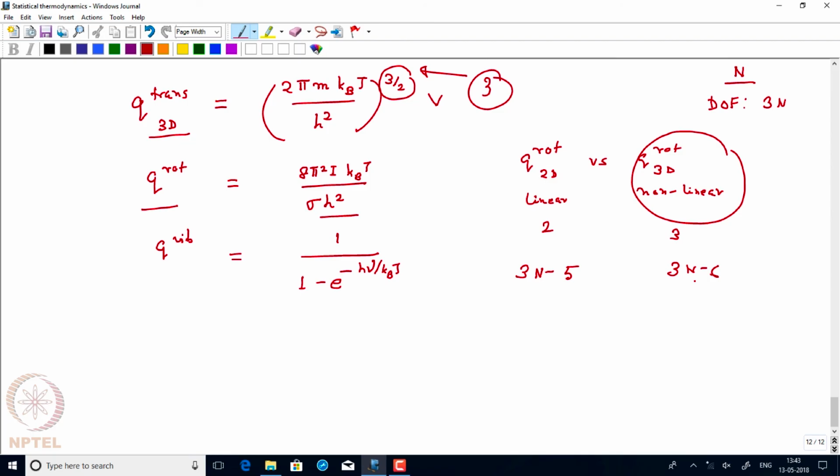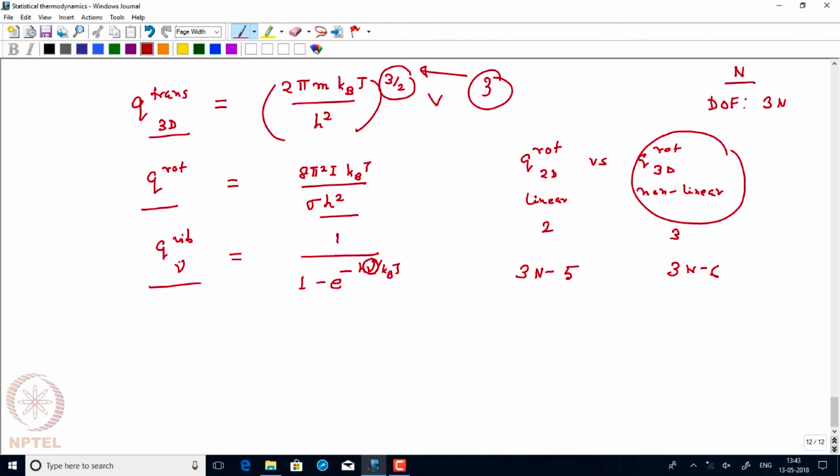Each vibration will have a characteristic vibrational frequency nu, and what I'm writing is for a particular vibrational degree of freedom. So if you have, for example, 2 vibrations, then the total vibrational partition function will be the partition function for 1 vibration times the partition function for the second vibration.